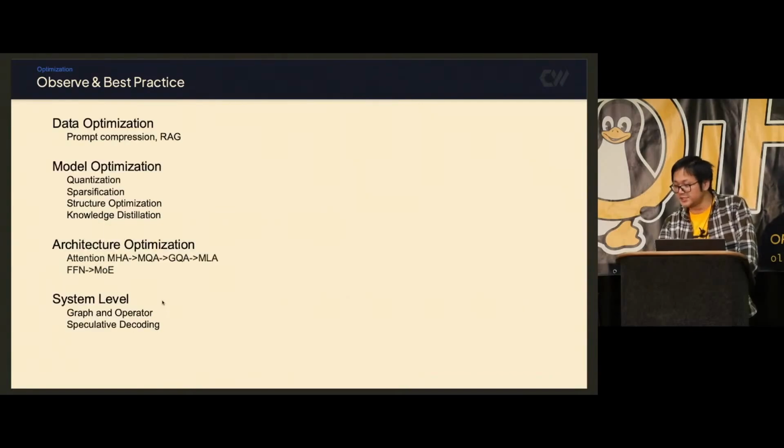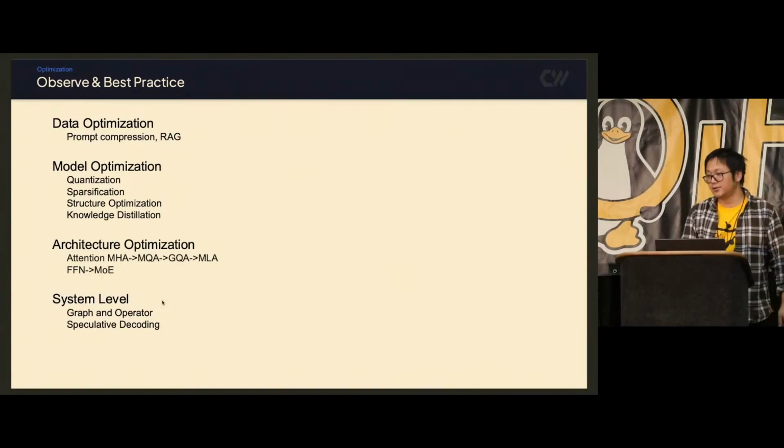And for the inference side, we also tried different optimizations. For example, to optimize the input, the prompt, if we could compress the prompt, we can ask more prompts in one query, so that could make it faster.